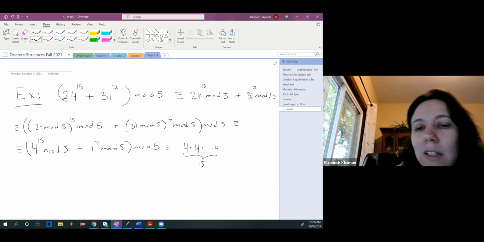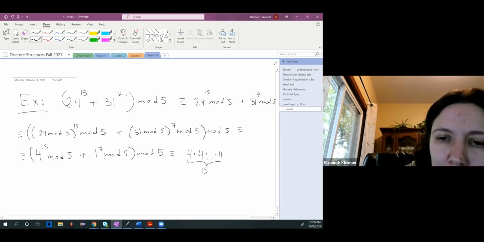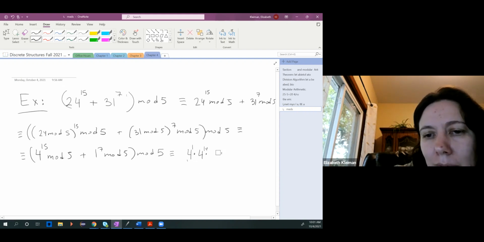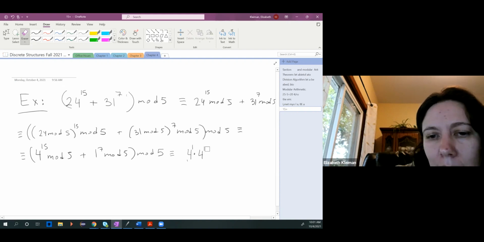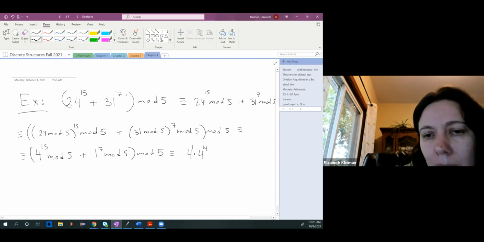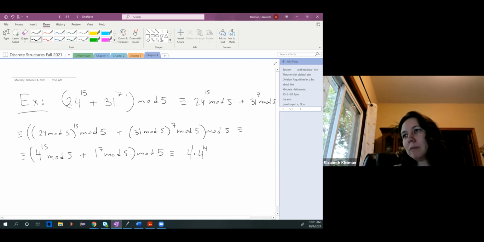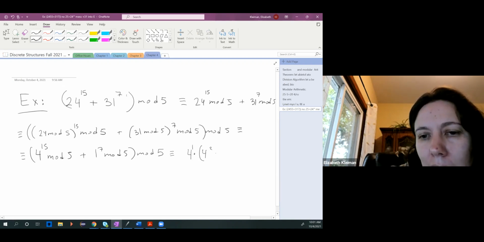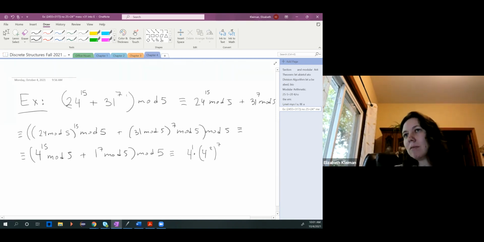So it's the same as saying it's 4 multiply 4 to the power 14. Do you agree? And 4 to the power 14 is the same as 4 squared to the power 7. Do you agree?